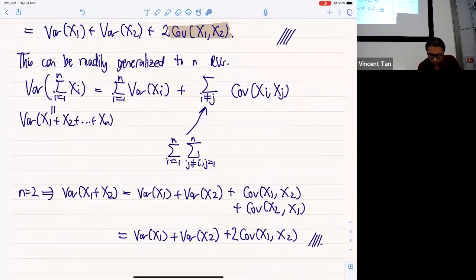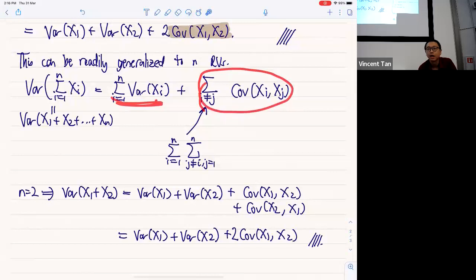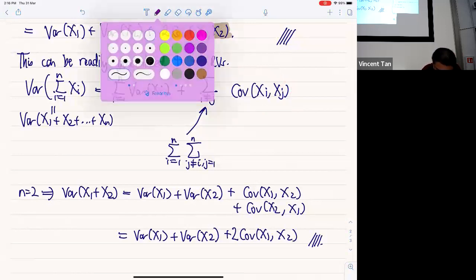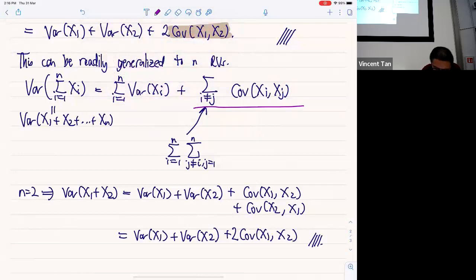Okay, so notice something. How many terms are there here? There are n terms here. How many terms are there here altogether? Can someone quickly tell me? We will need this in the next example, the next calculation.